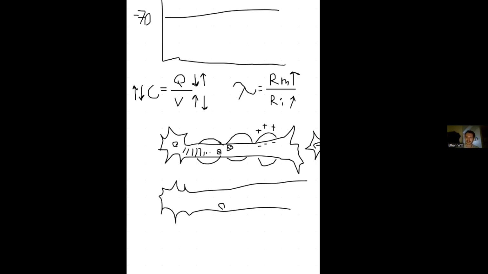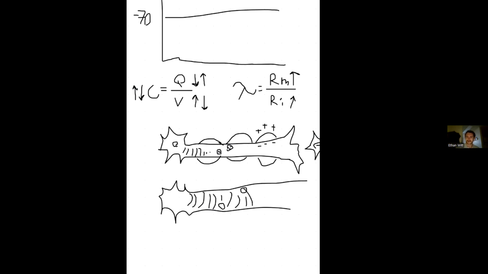We can literally just give the oomph, the length constant, a boost by making the axon itself bigger. It's like adding another 3 lanes to your highway. So now you don't have to wait for that guy to get out of the fast lane.